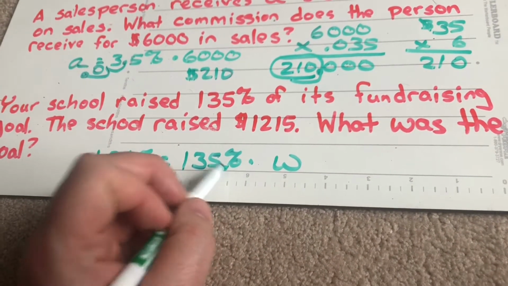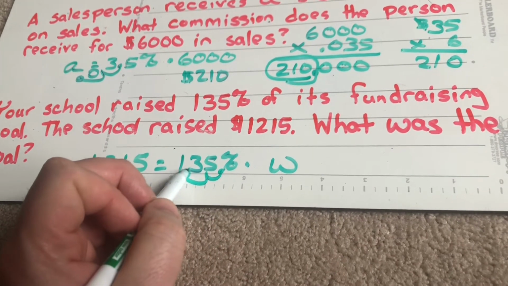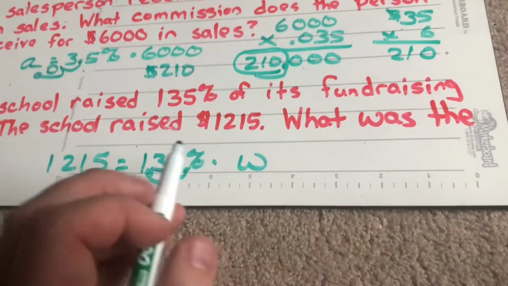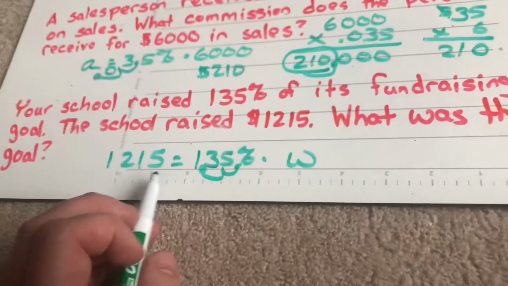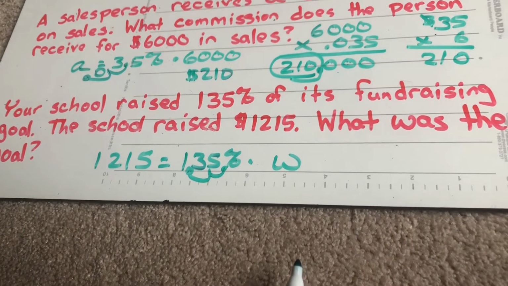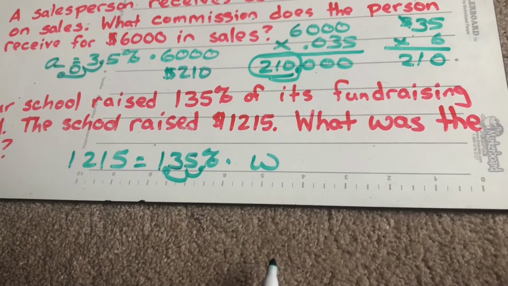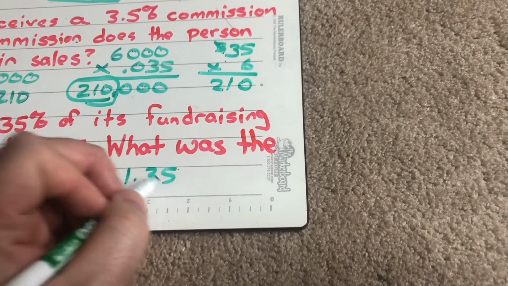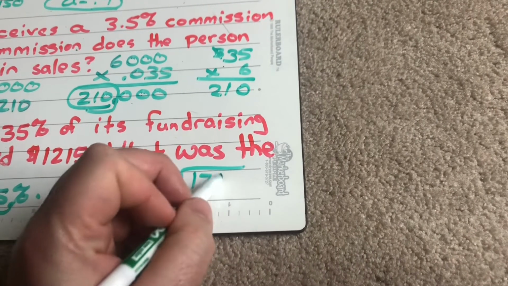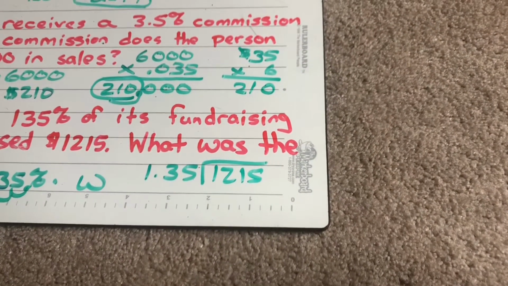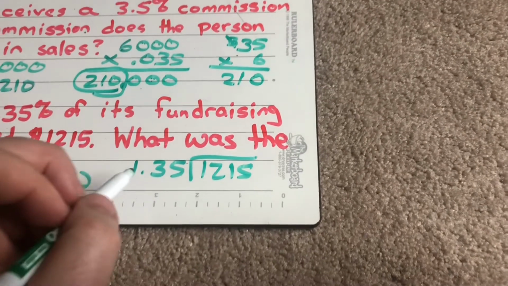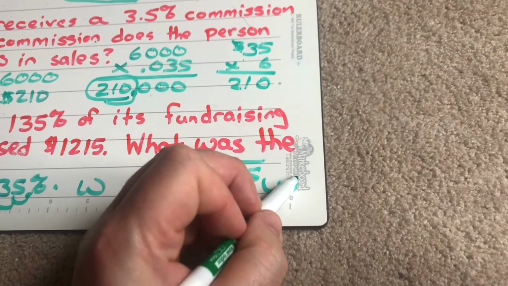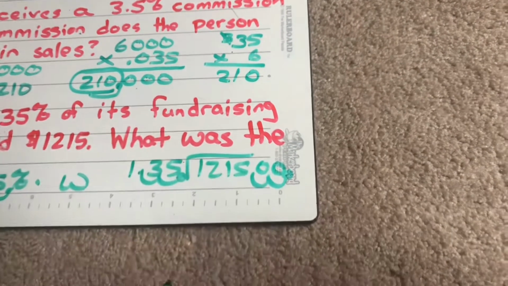If I take 135% and move the decimal 2 places to the left, I see that 1.35 times W equals 1,215, which means I'm taking 1 and 35 hundredths and putting that into 1,215. If I'm going to divide, I move the decimal 2 places to the right and fill it in with zeros.